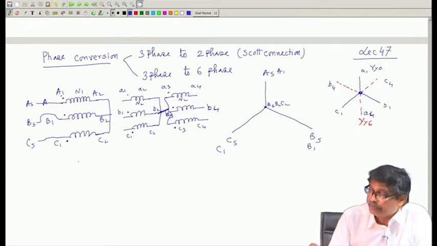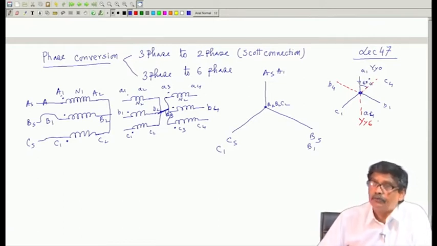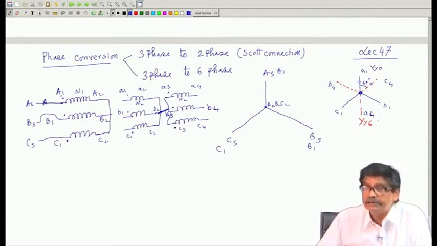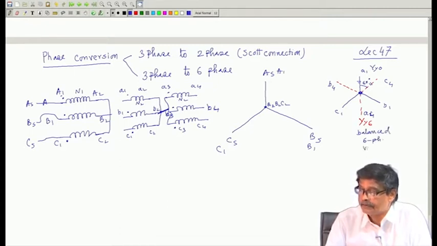If you see the voltage waveforms of these terminals, they will be 60 degrees apart with the same magnitude. So you have been able to generate 6 voltages on the secondary side, of equal magnitude and 60 degrees phase difference. So, balanced 6 phase voltage.